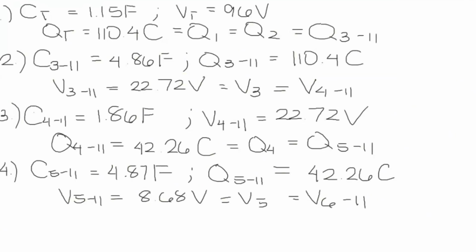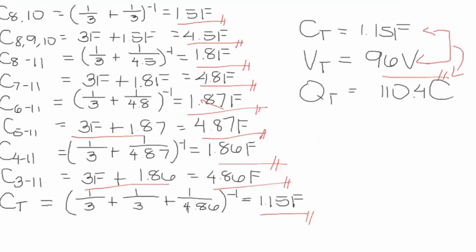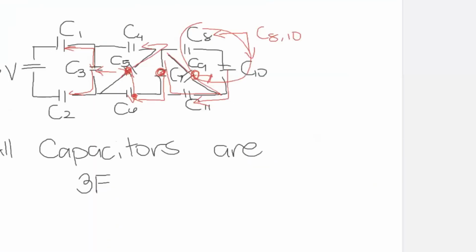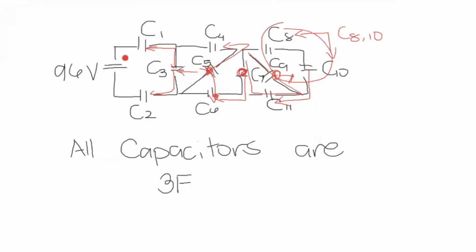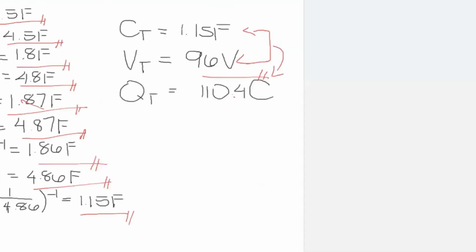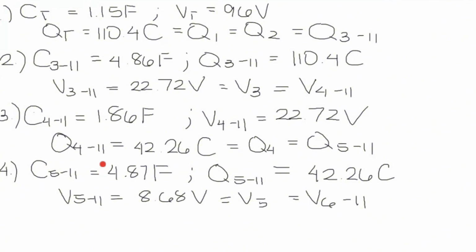So from our C1, C2, C3, it will be going back. And our final answer should be from C8 to C10. Going back. So in order to find each component, we need to do this manually. So our first given is 1.15, which is our total capacitance, and 96 as our given voltage. So our answer for our QT is 110.4 coulombs.